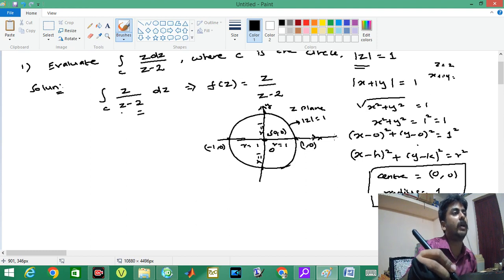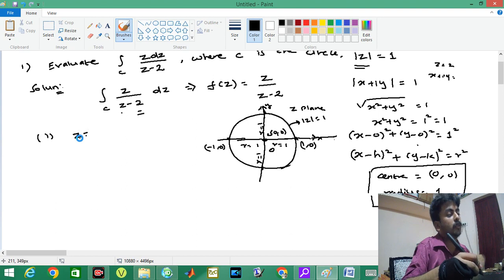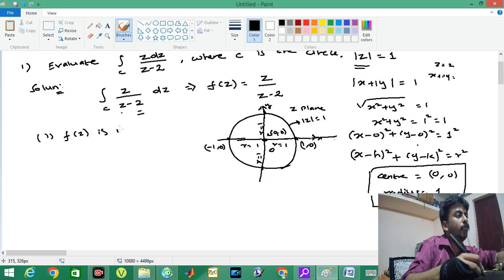So we can easily tell the following points. First point: f of z is not analytic at which point? Z equal to 2.